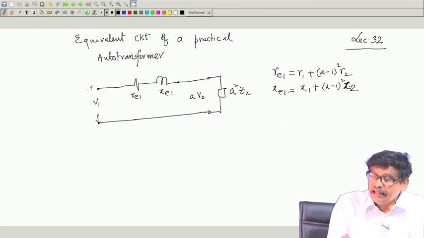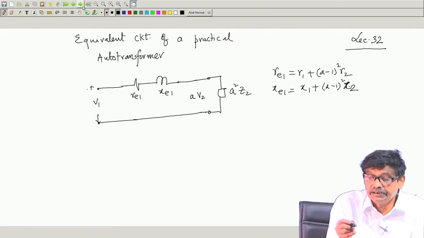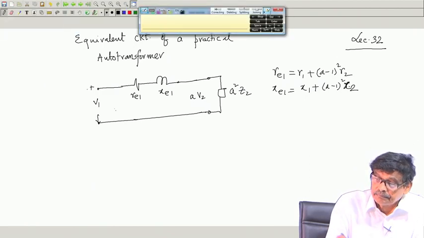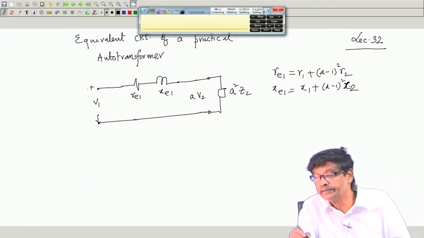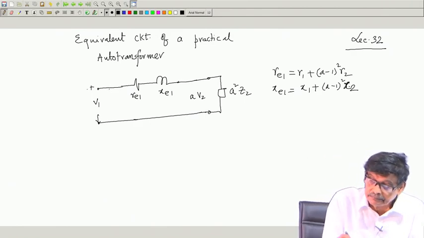That is it. And if you consider this impedance, refer to this side, show it here, supply side.